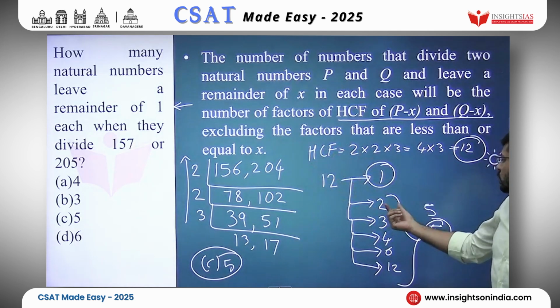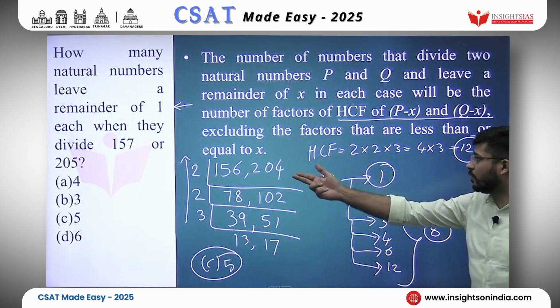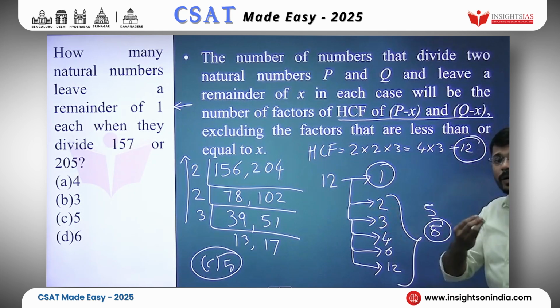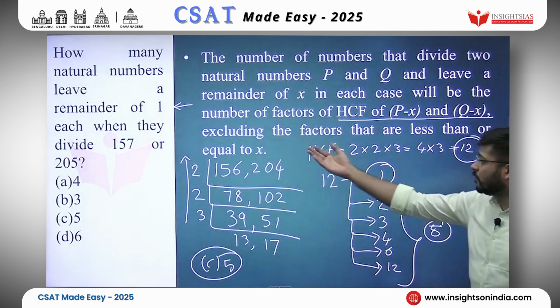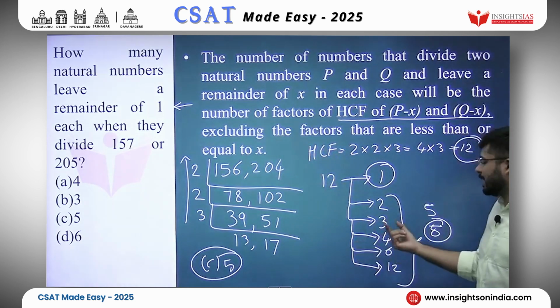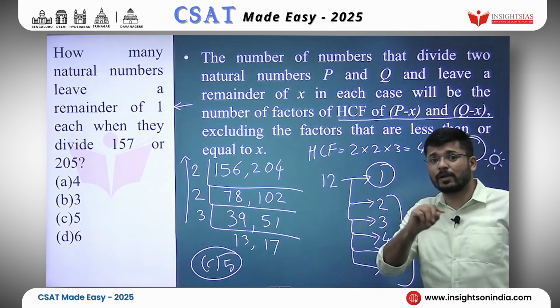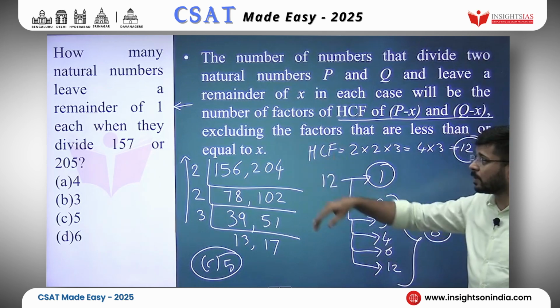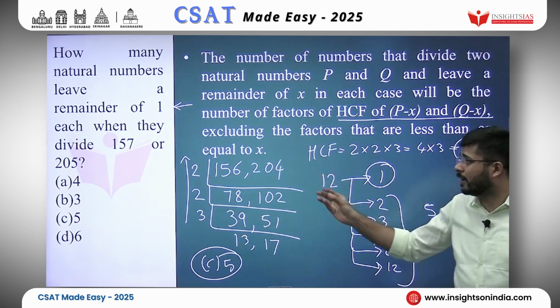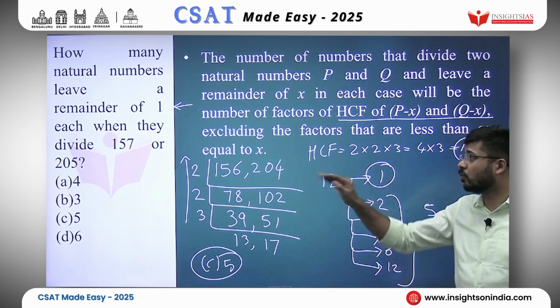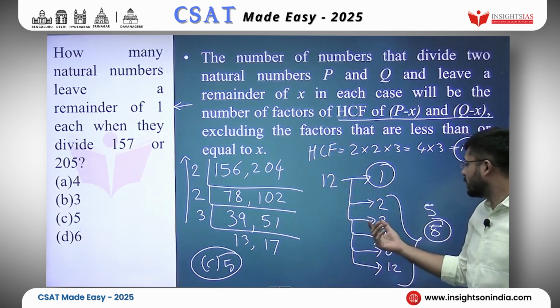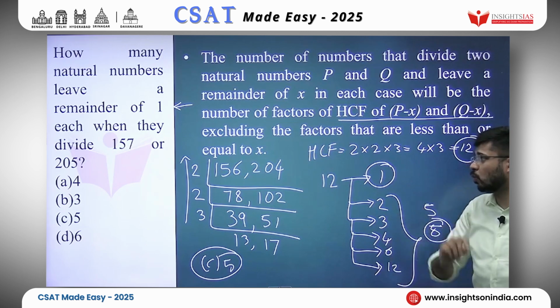So when you divide 157 and 205 by 2, you will have a remainder of 1. If you divide 157 and 205 by 3, again the remainder will be 1, because 3 will be dividing 156 and 204 without any remainder. So when you increase the numbers by 1, the remainder will be 1.